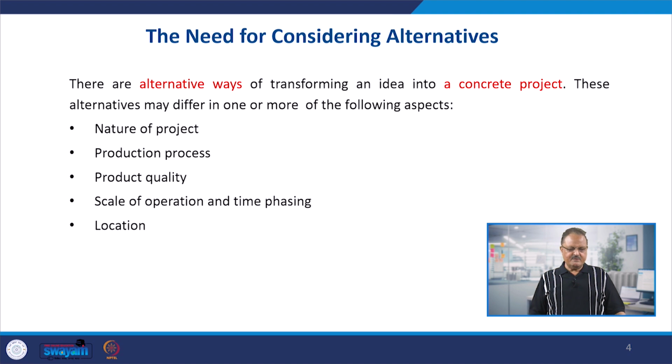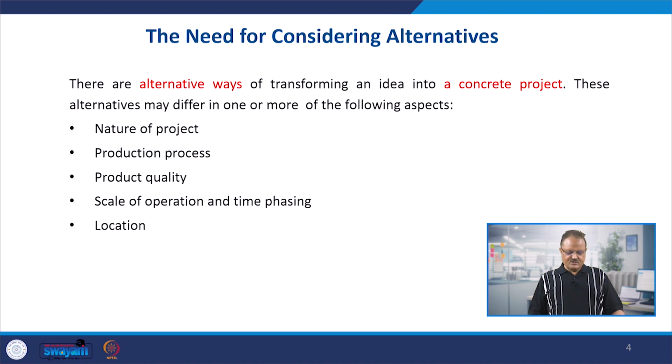When we start applying our mind, we get a number of ideas: should we manufacture this product or generate this service, or that product or that service? We do the preliminary initial screening, and then we say no, this is not good compared to the other idea, so we consider the second alternative, the third alternative, and then we finally zero in on the one which is going to give us the best results, or maybe the best expected results, right?